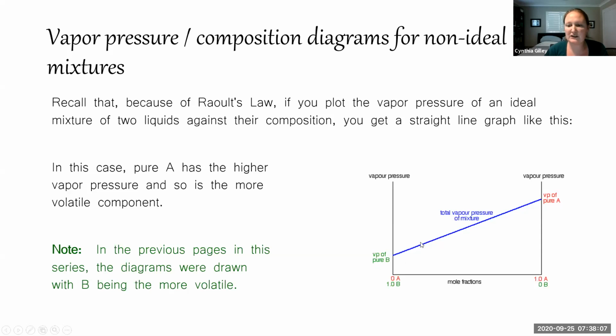They just switched that so you don't get too used to one of them having to be the higher vapor pressure and the other letter having to be the lower vapor pressure. Again, anything could be A and anything could be B, so don't get too bothered by that, hopefully.